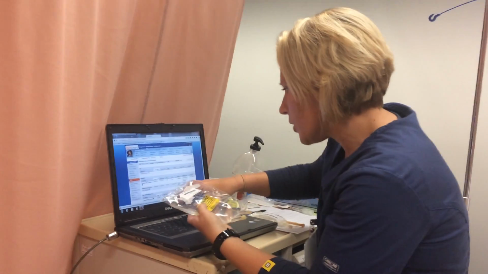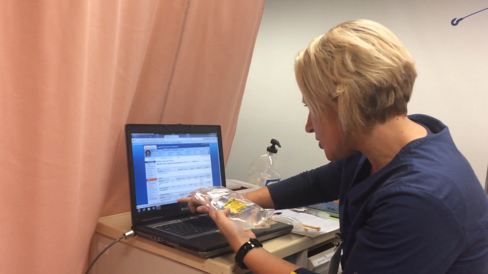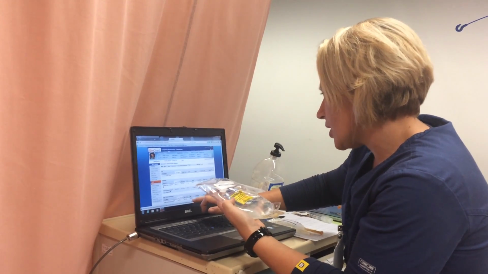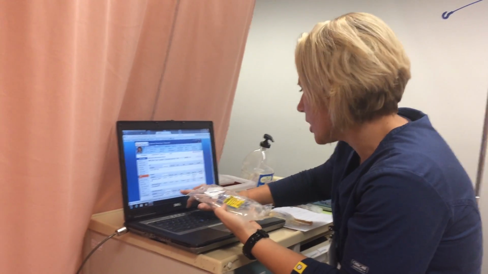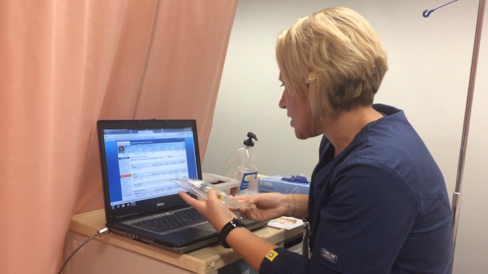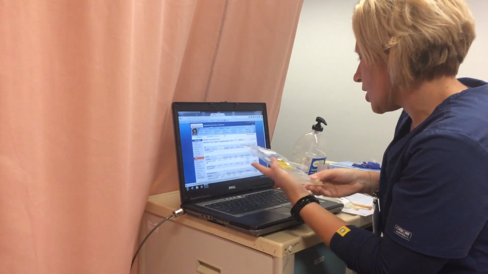So again, I have the sodium chloride on order. It looks like the order start date is correct. The rate is 30 milliliters per hour. IV is the route, and frequency is continuous. And we are right on time for the dosage time.